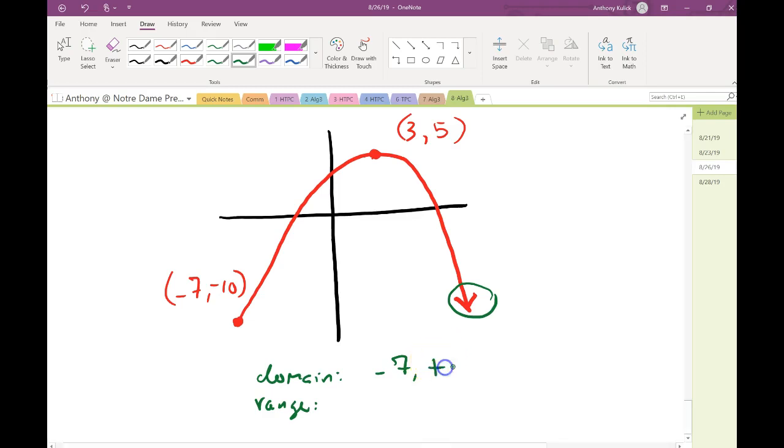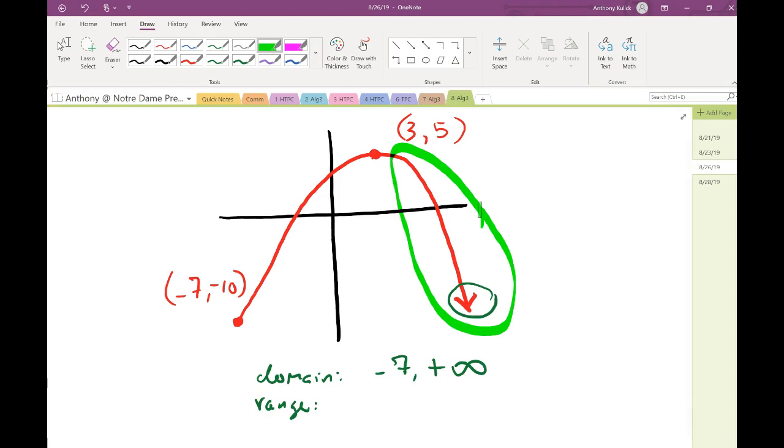Positive infinity, yes. Everybody can kind of see that? Look at all this part of the graph that happens after the point 3, 5. 3 cannot be the upper bound for my domain because the graph keeps on going to the right after that point. How long does it keep on going? Forever, which means we have the positive infinity there.